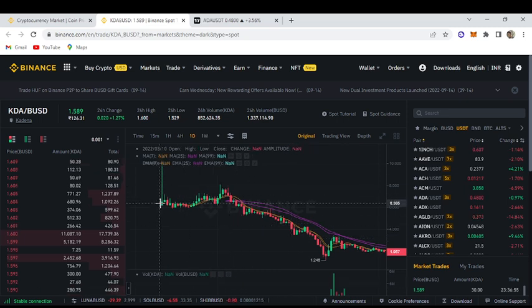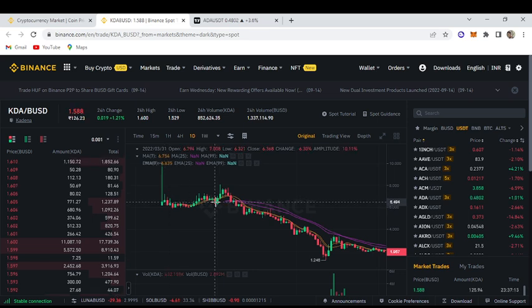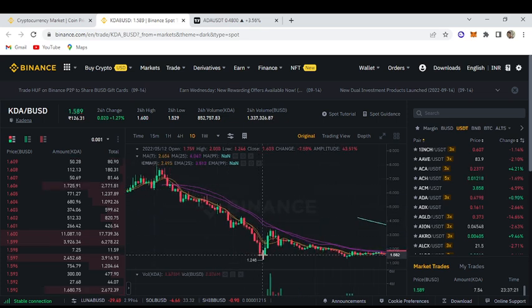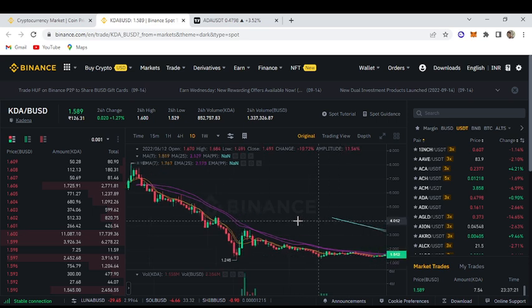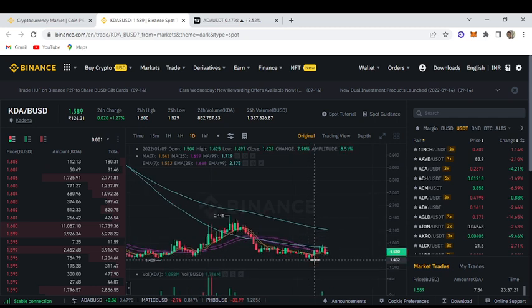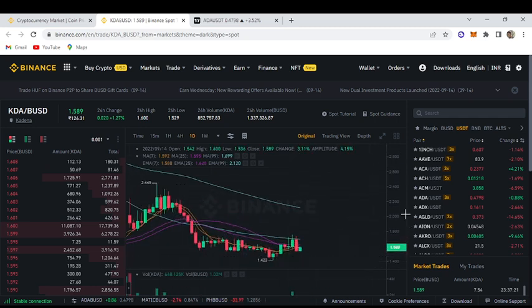After that, it went sideways. It was able to hold the $6, and then again it dumped, went with the market, and dropped to around 1.5. So the current level is 1.5.